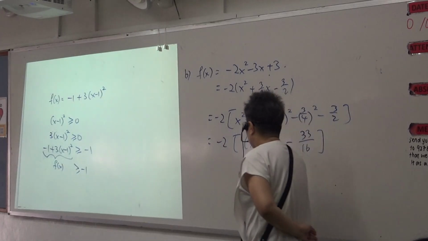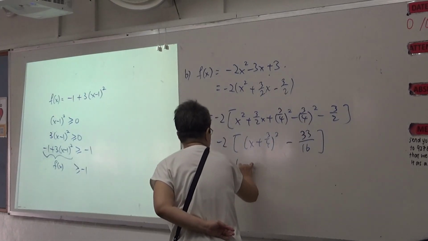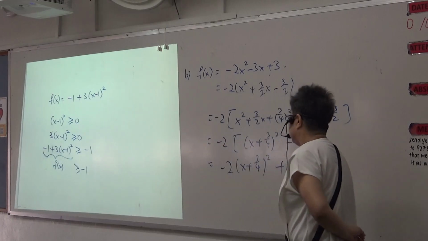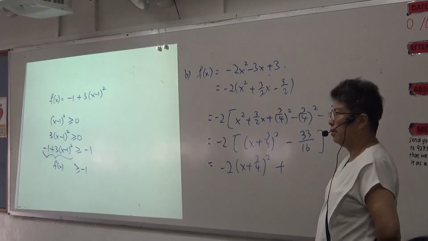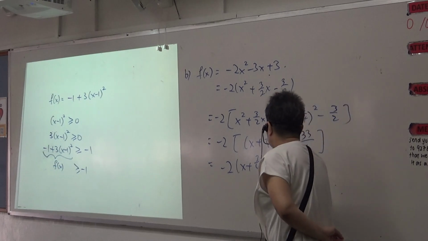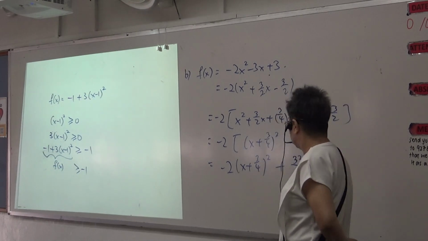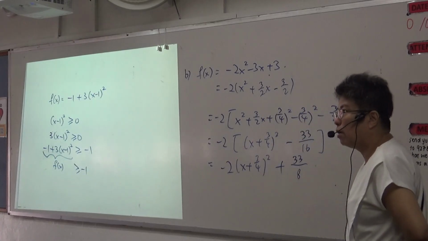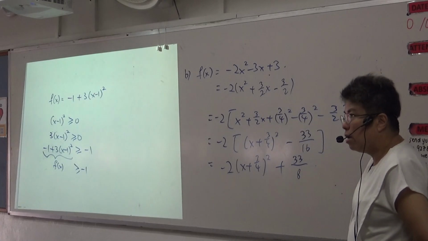Now, can I leave it like that? No. So this will be negative 2 times (x plus 3 over 4) squared plus 33 over 8 now, right? Because I got the 2. Can you see it? Cannot forget, understand?